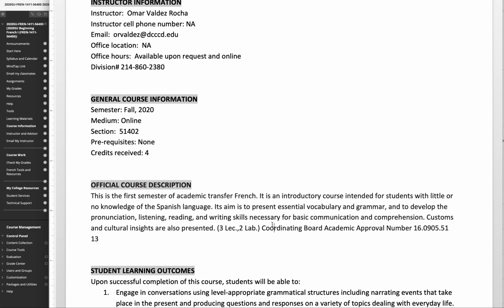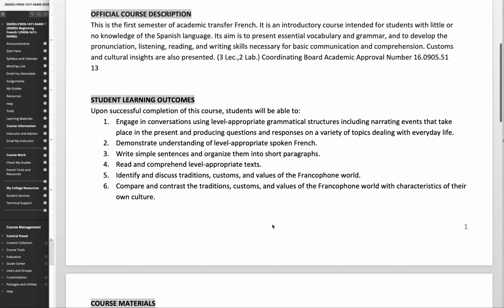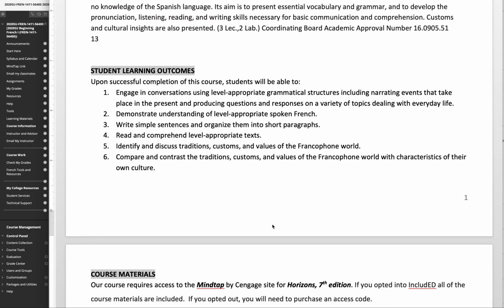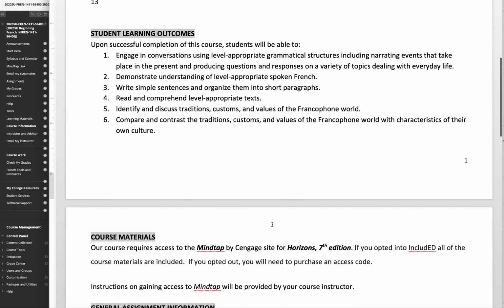You will be submitting different types of assignments that hopefully can help you develop your grammar, your pronunciation, and your writing. Those are the main student outcomes, and we hope to get you ready for French, beginning French 2.